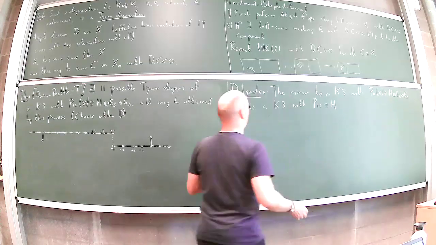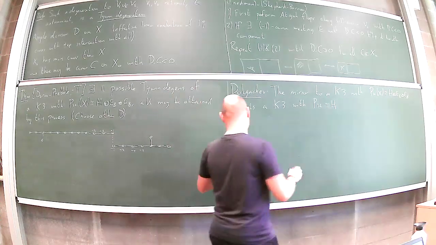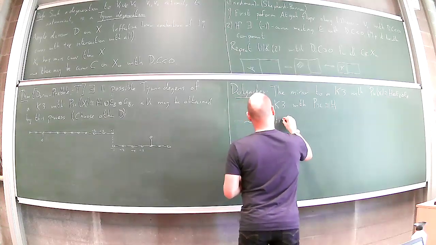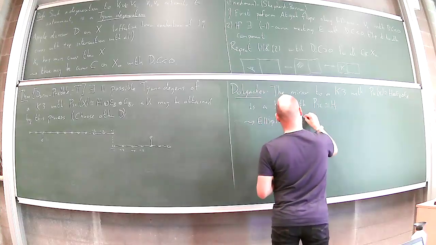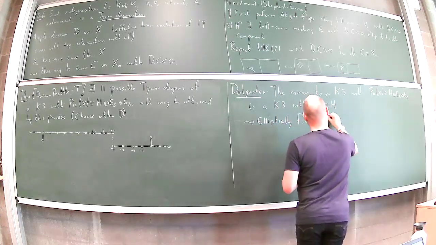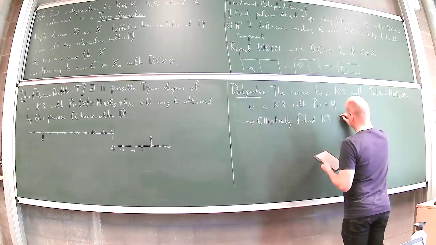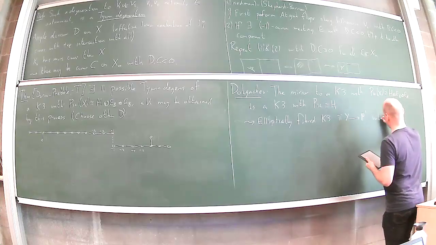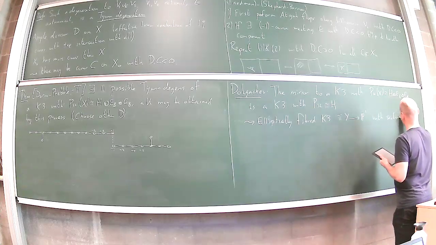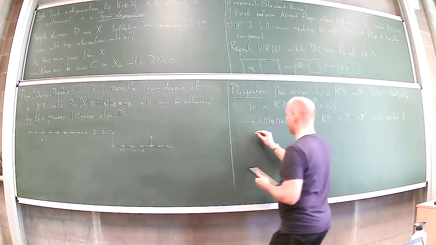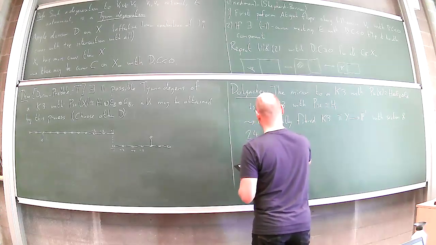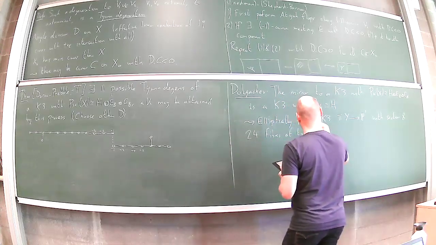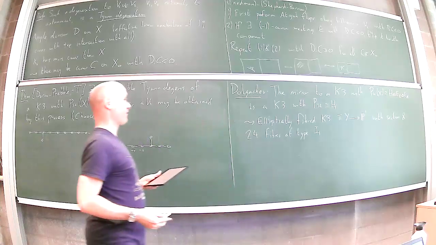Okay, so what is a K3 with Pic isomorphic to H? This is just an elliptically fibred K3, let's call it pi from Y to P1. It should have a section, and it should have 24 fibers of Kodaira type I1.